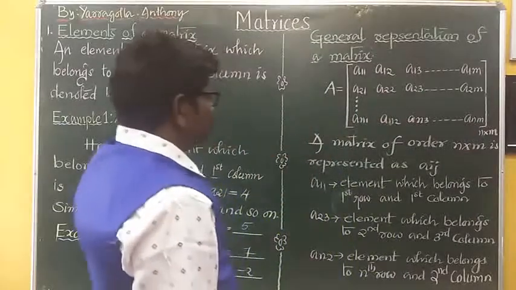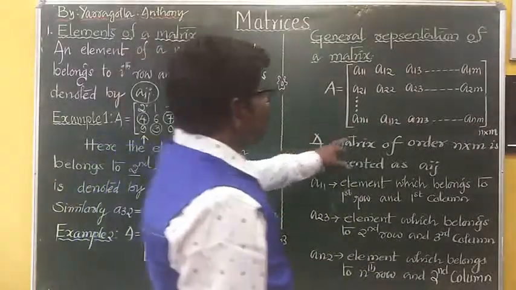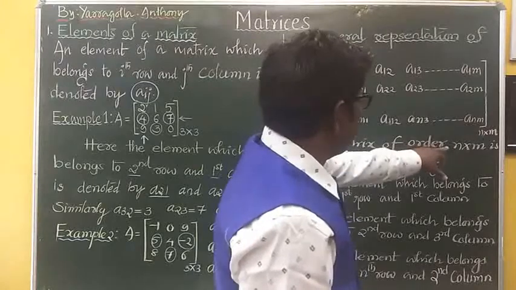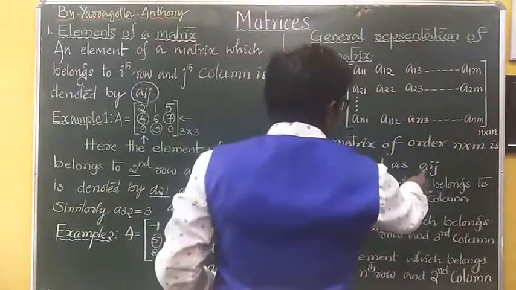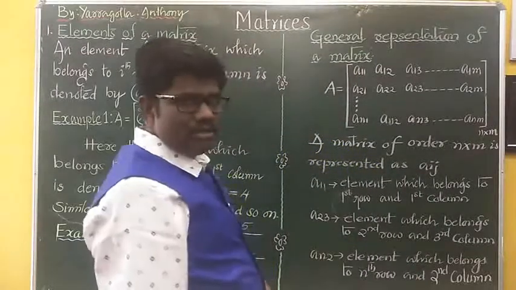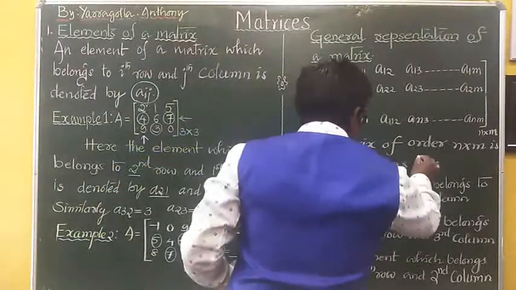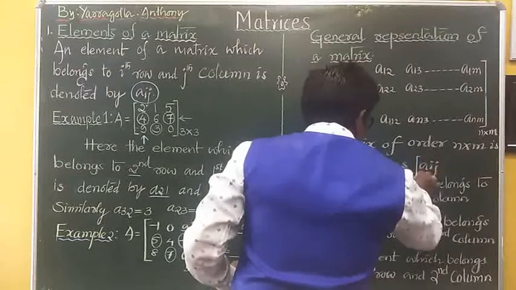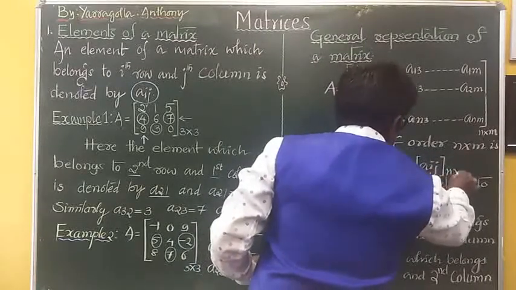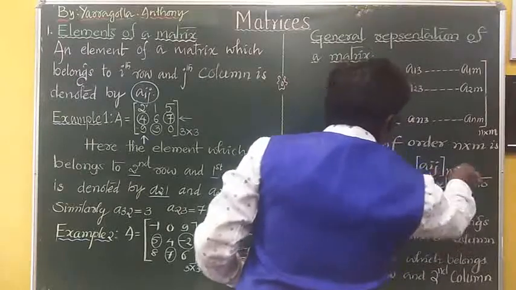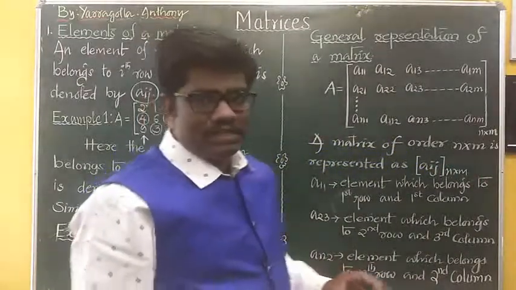Okay. Next, a matrix of order n cross m is also represented as follows. We have seen that Aij is an element, right? Now when you close this with a square bracket like this and write its order, this is how a matrix is represented.